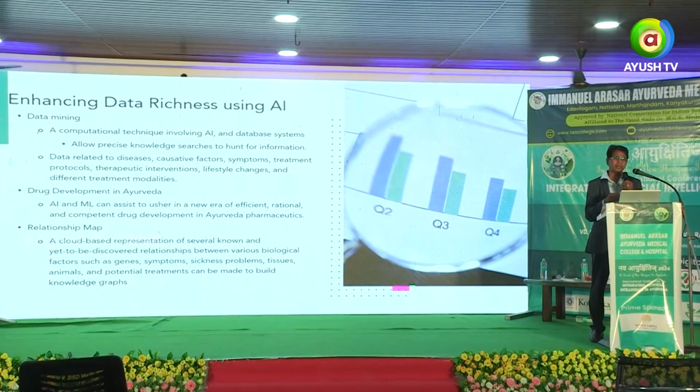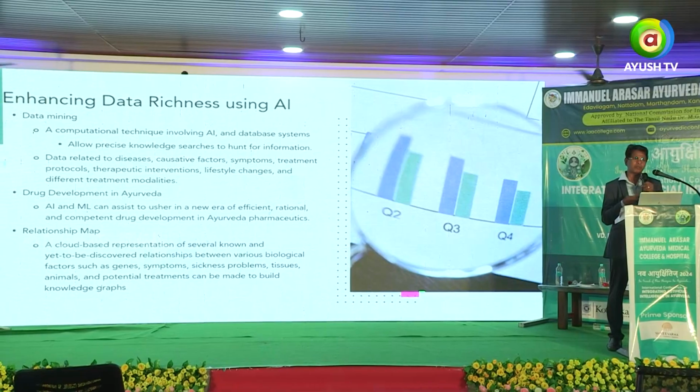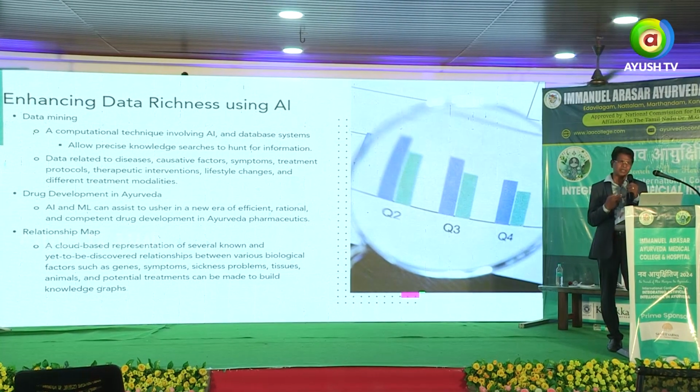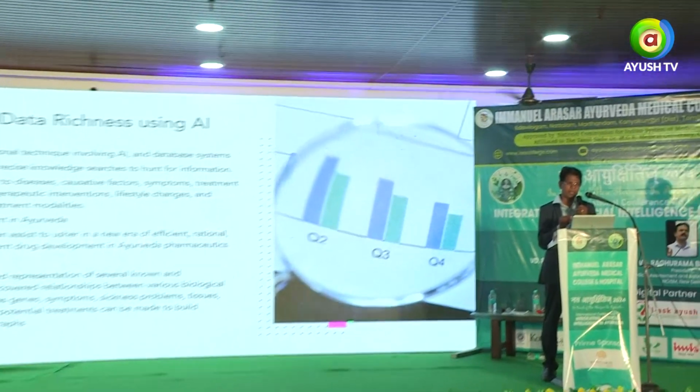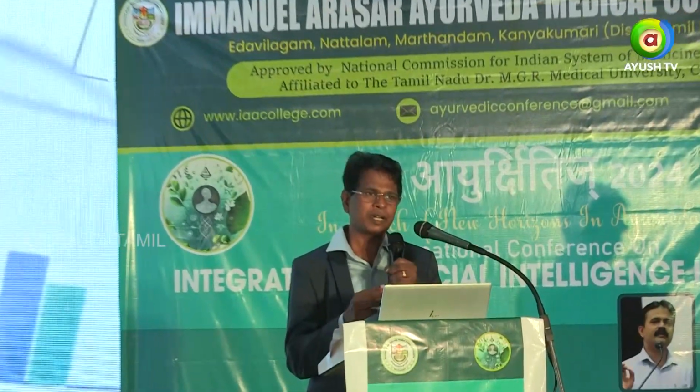Whether it is going to be an external application of medicine or internal medicine, all the details will go into the AI, and then what kind of lifestyle changes you want to recommend for that particular disease, and different kinds of treatment methodologies and models which you will adopt for them.